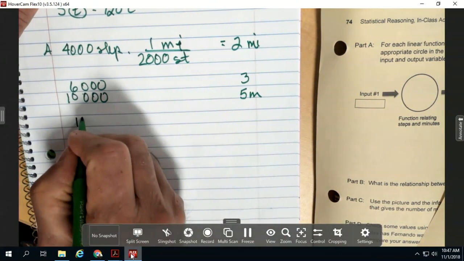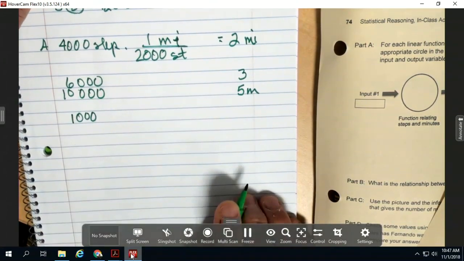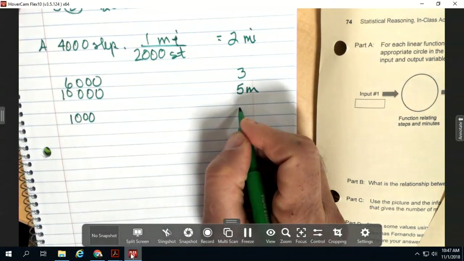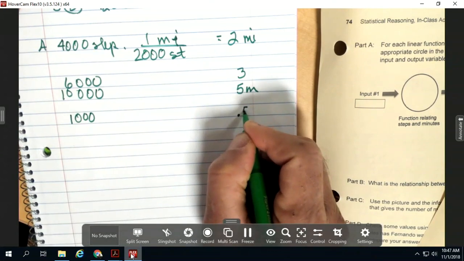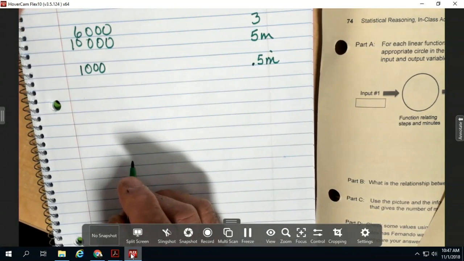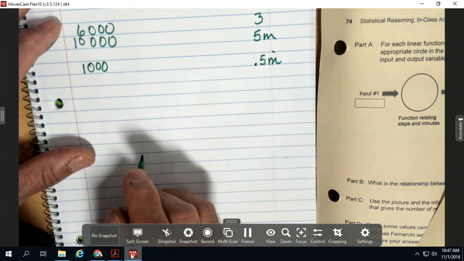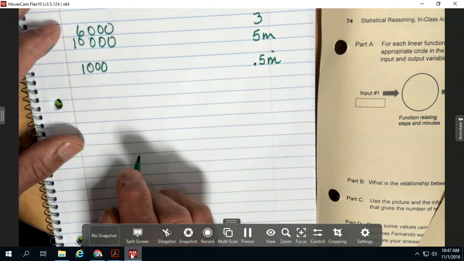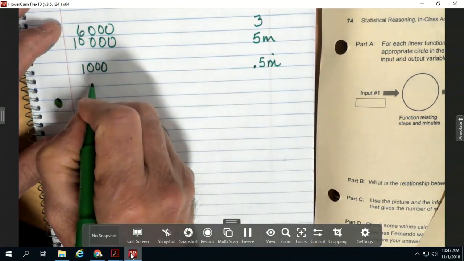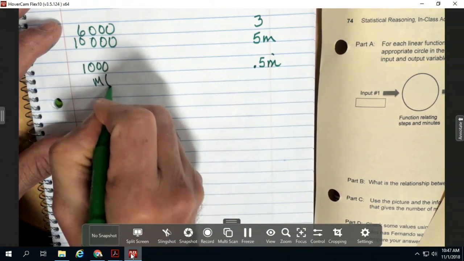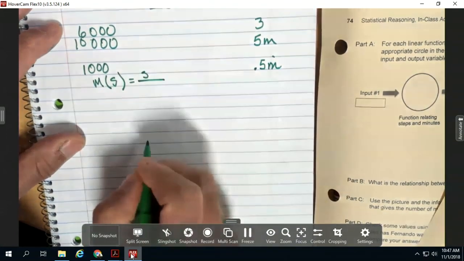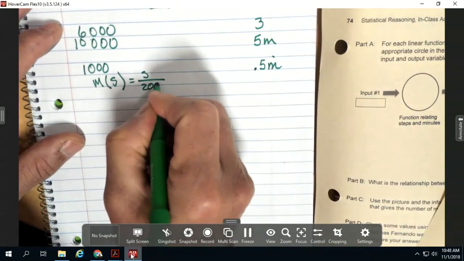So if he takes 1,000 steps, how far would he walk? 0.5 miles. So what do you do to the number of steps to determine how many miles you walk? Miles as a function of steps is the number of steps divided by 2,000.